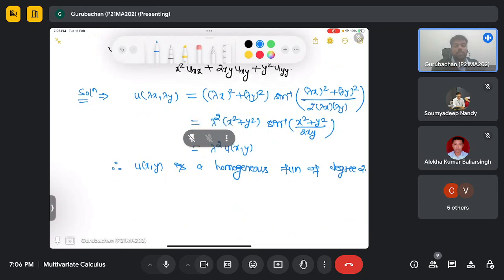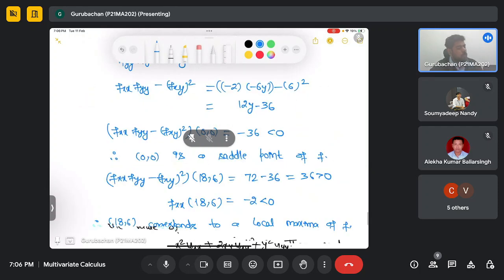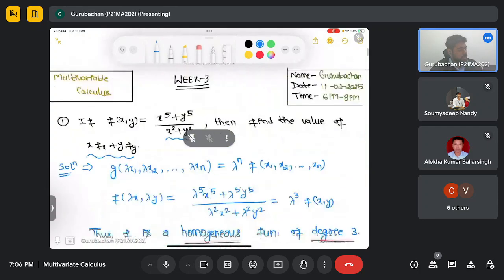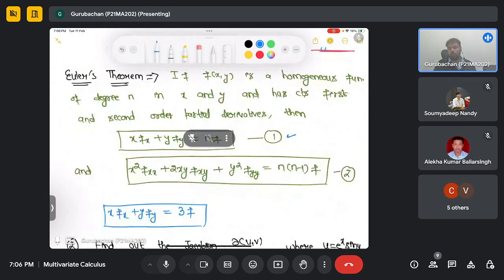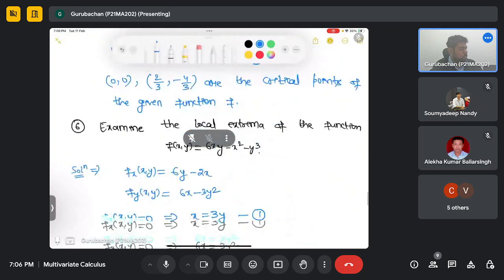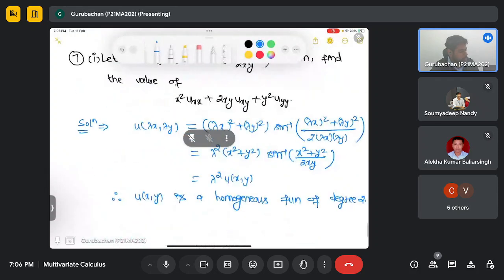Now, since it is a homogeneous function of degree 2, we recall Euler's theorem. Let me go again to that. So what does Euler's theorem say? Euler's theorem says if we have a homogeneous function of degree n, then this expression has the value n into n minus 1 into f. So let us get the value of this expression with the help of Euler's theorem.